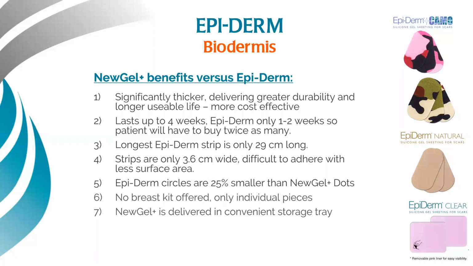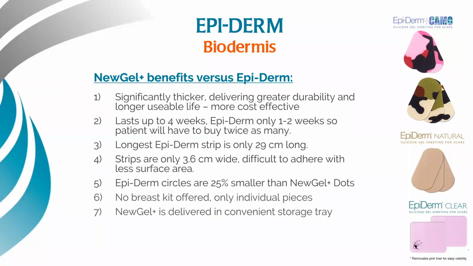Again, this kind of goes back to this whole durability thing. If these only last 1 to 2 weeks, think of the number of these you're going to have to use over a 3-month course of treatment or a 12-week treatment period. The initial cost on some of these may be lower, but if you do the math, one of the NewGel sheets is going to last for about a month, 4 weeks.